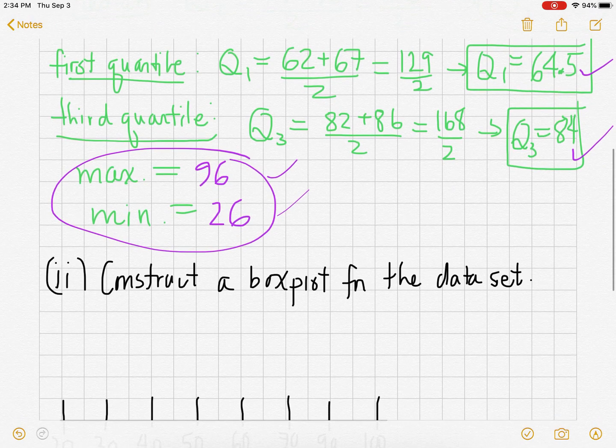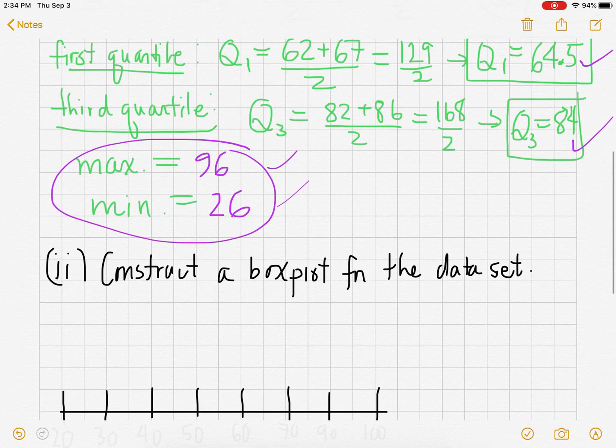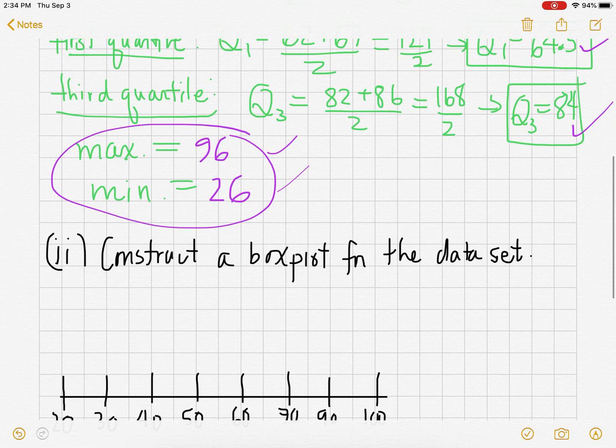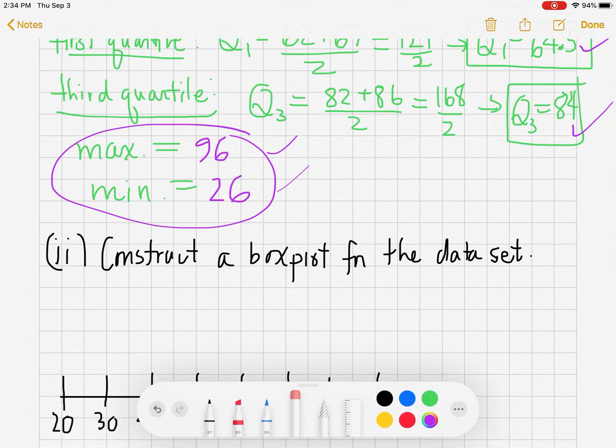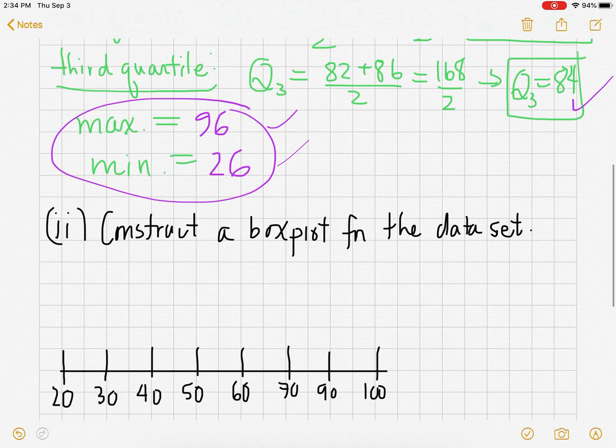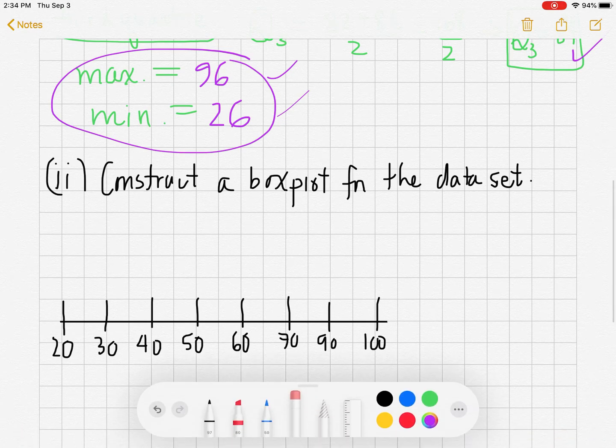So what you need to do now is begin your box. To begin your box, you want to start with Q1 and Q3. So 64.5, where's 64.5? 64.5 is my Q1. I'm putting that in my brain, 64.5. That is about right here.